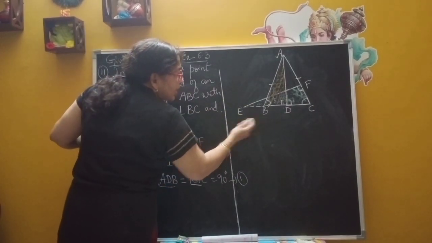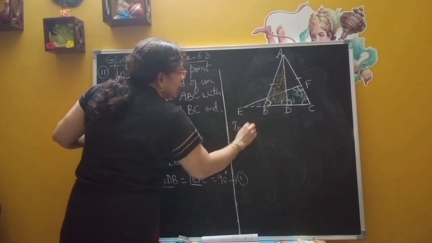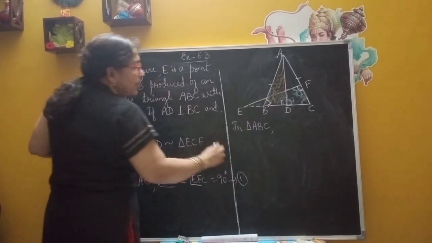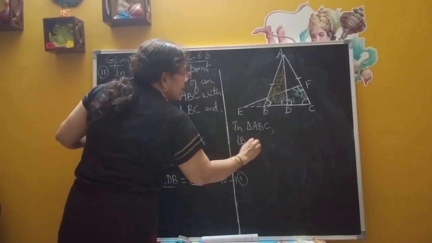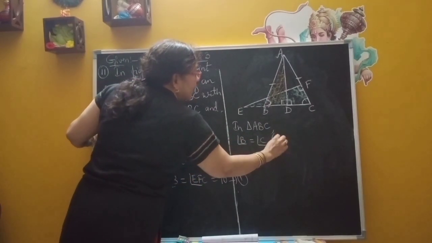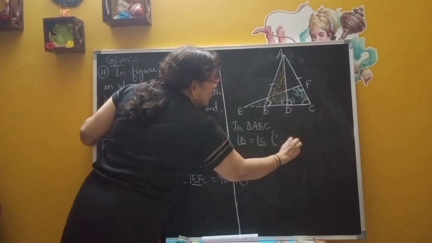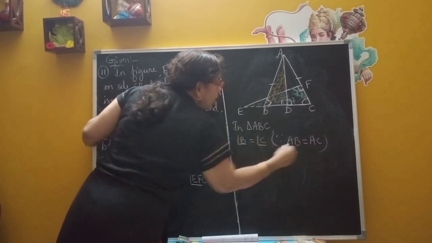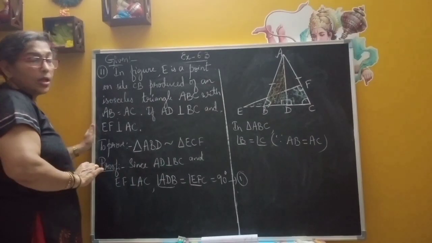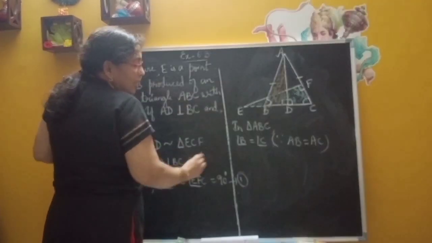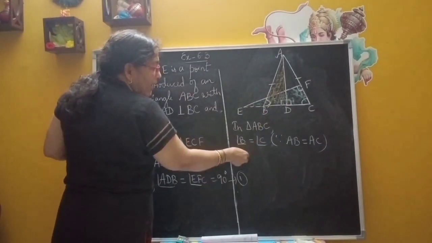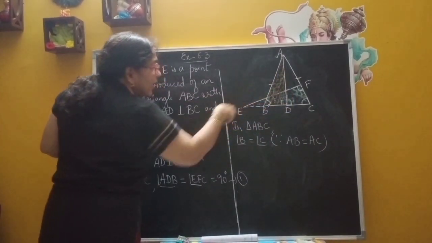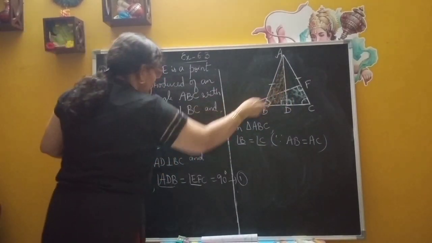So here we write, in triangle ABC, angle B is equal to angle C, because the reason is AB is equal to AC. These are opposite angles, they are equal, or it is an isosceles triangle. But these are angles of which two triangles? Triangles ABD and triangle EFC.